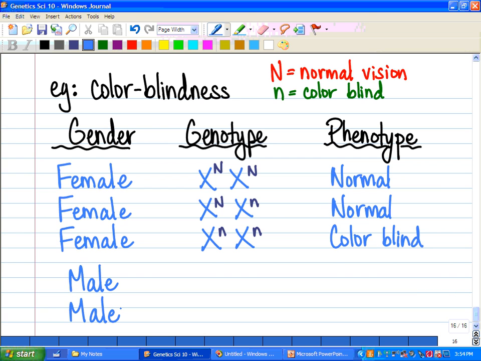So we know for males that they are XY. Now you have to remember that the Y chromosome doesn't have an N on it. It doesn't carry the allele for colorblindness. It's only on the X. So it turns out there's only two options for male. They have a single X. And if that single X chromosome has the normal vision allele, then they obviously have normal vision.